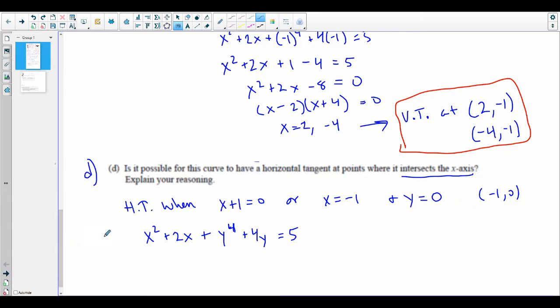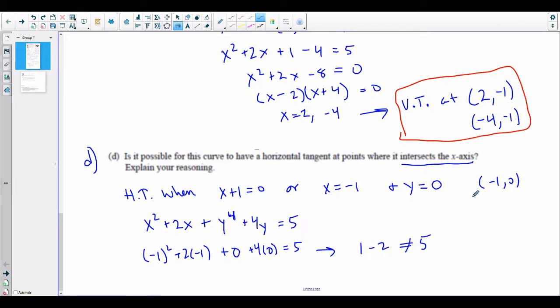So let's plug in negative 1, 0. Let's see if this is equal to 5. I don't think it is. We get 1 minus 2. That's not equal to 5. Because we got something that was not true, this point, negative 1, 0, is not on the curve.